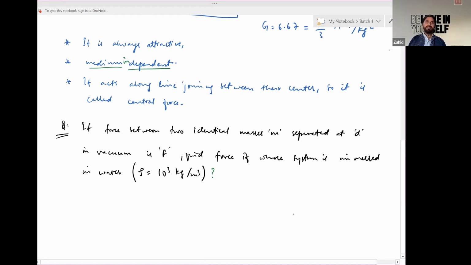It means if you change the surrounding medium of the particles, the gravitational force will remain the same. Initially it was in vacuum, for which gravitational force is F. Now it is immersed in water, so the gravitational force will still remain the same.